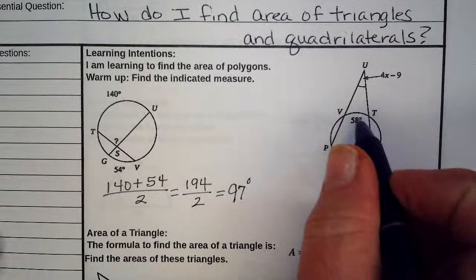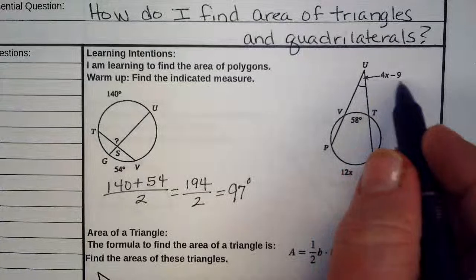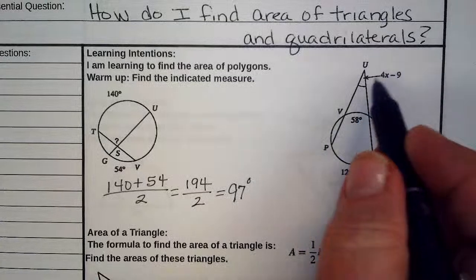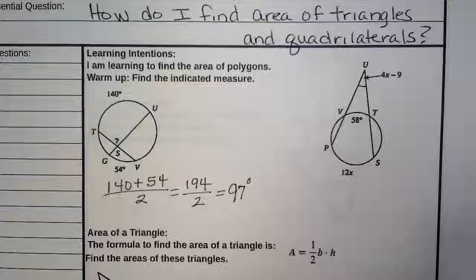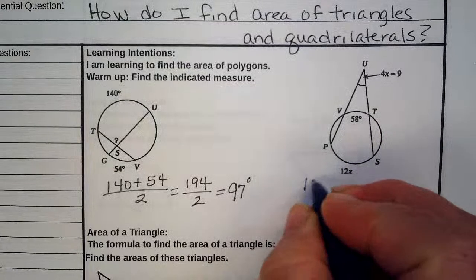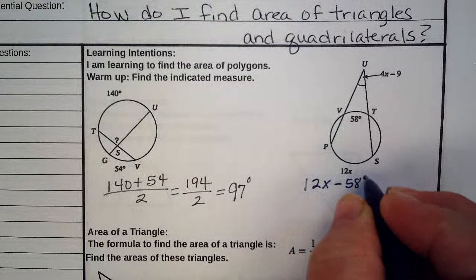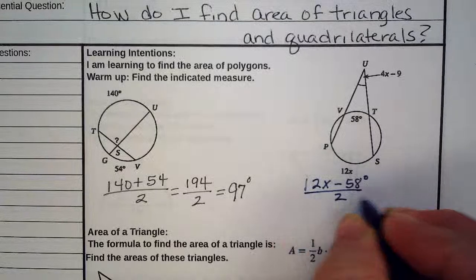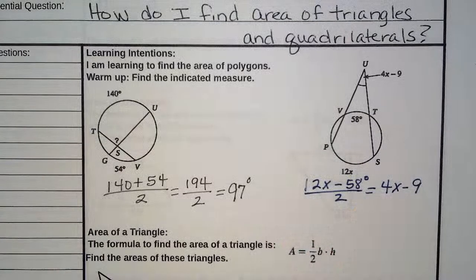So we'll subtract these two, and we'll divide it by 2, and that will equal 4x minus 9. So 12x minus 58 degrees divided by 2 is equal to 4x minus 9. Now there's different ways to get started.